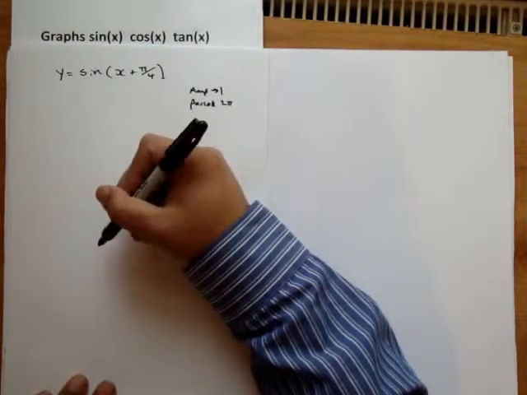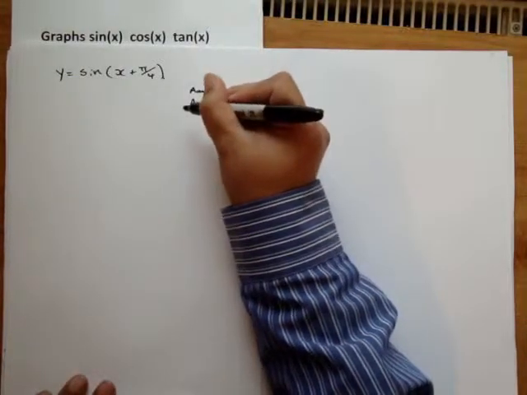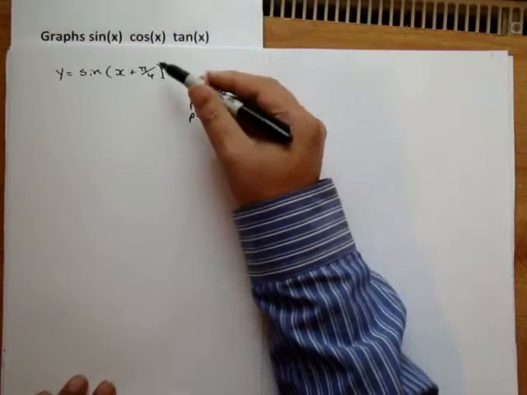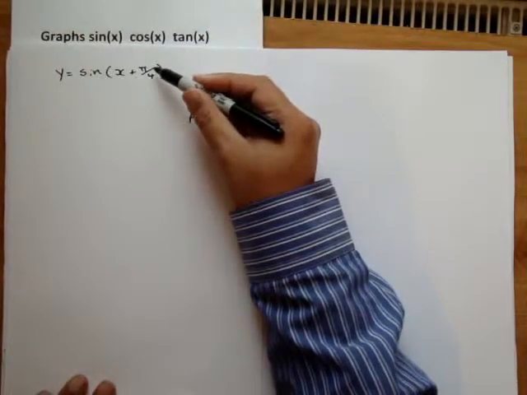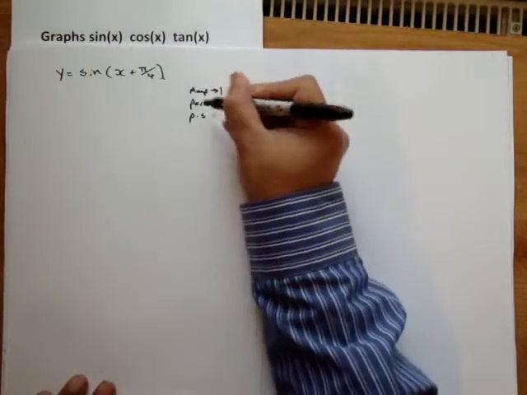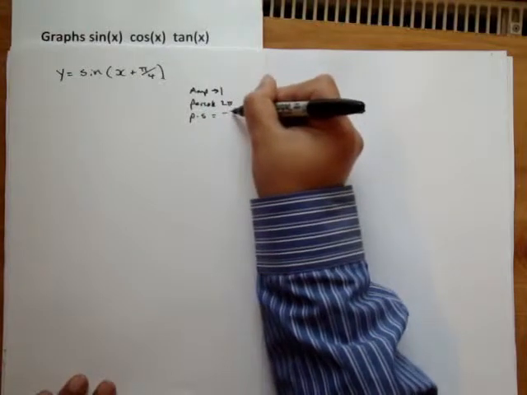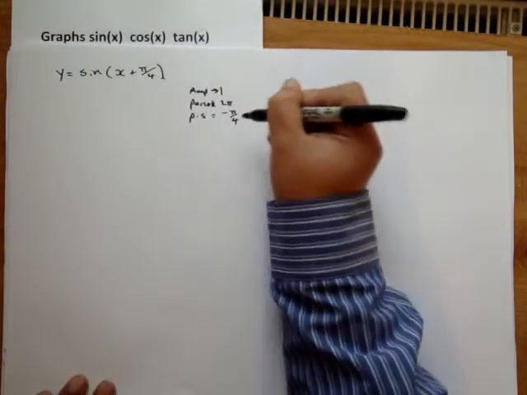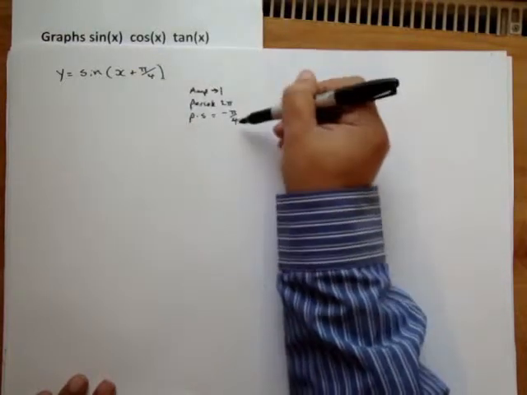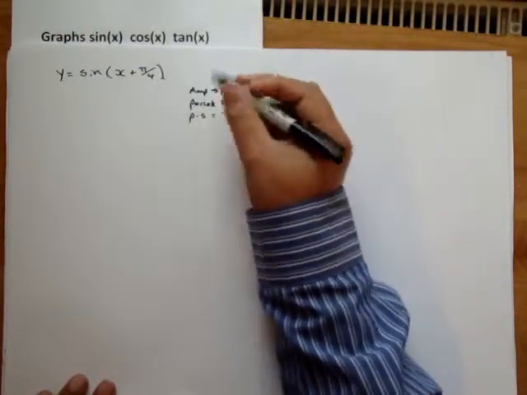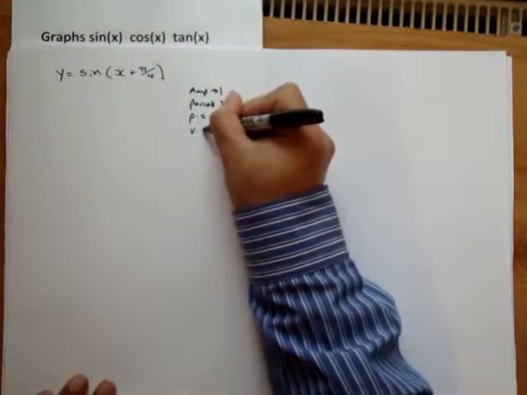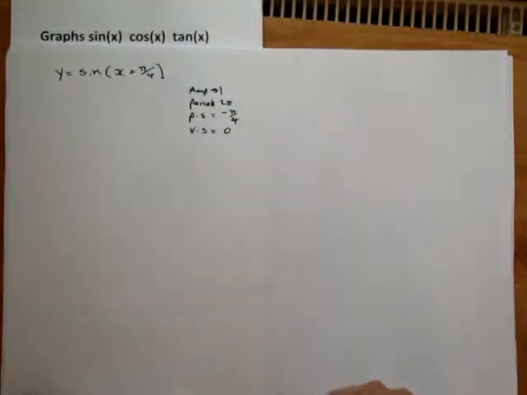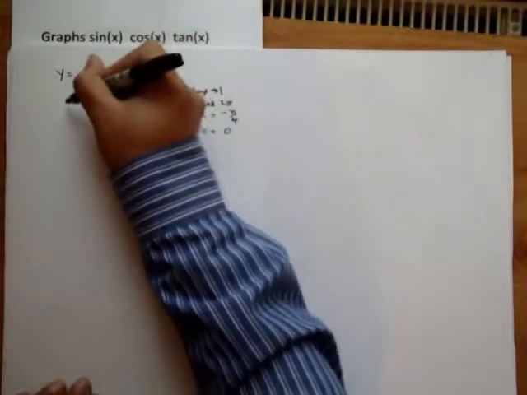Our phase shift is minus c over b, which is minus pi over 4, and b is 1, so it remains minus pi over 4, and there's no vertical shift. There's no plus k.